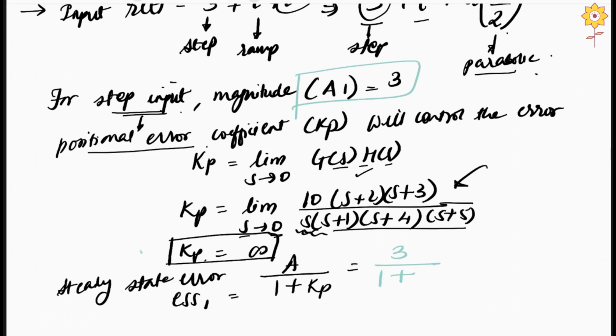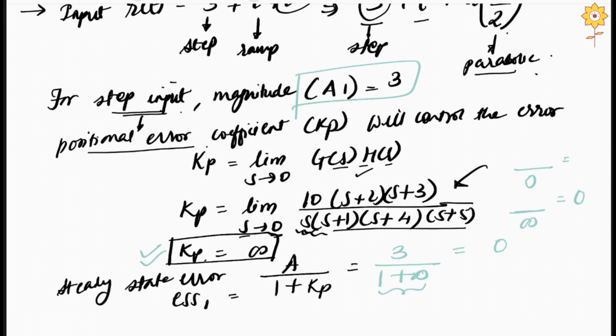We know the value of Kp, we found it out as infinity. So, infinity plus 1 will obviously give you infinity, and anything that is divided by infinity will give you answer as 0, okay. So, keep in mind anything divided by 0 will give you infinity as answer, anything divided by infinity will give you 0 as answer, okay. So, we have found out the values of steady state error and the value of Kp in case of step input.